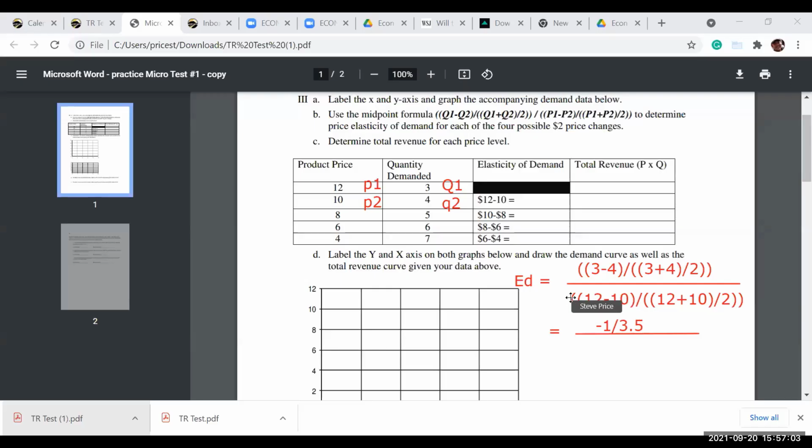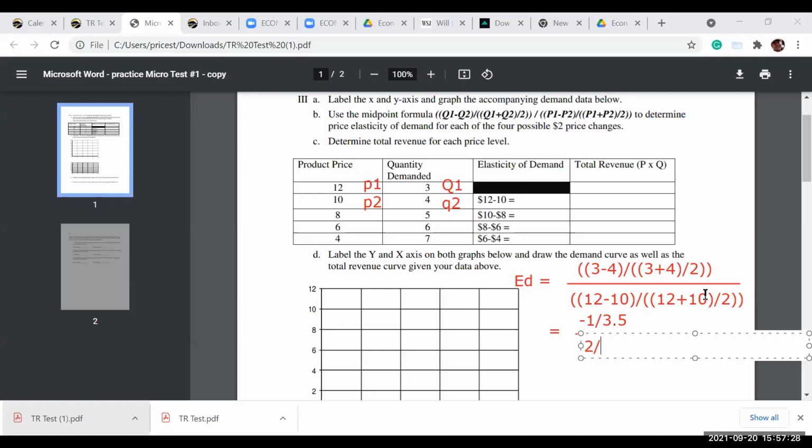Now let's do this methodically. Let's now do the denominator. The denominator, we had 12 minus 10, which gives me 2. And then that's divided by 12 plus 10, so 22. But that 12 plus 10 is divided by 2.